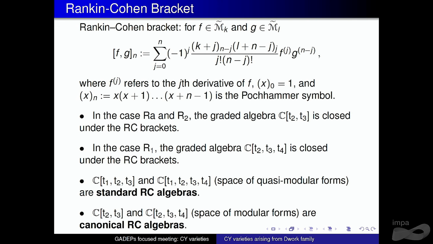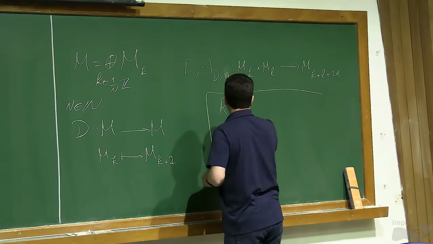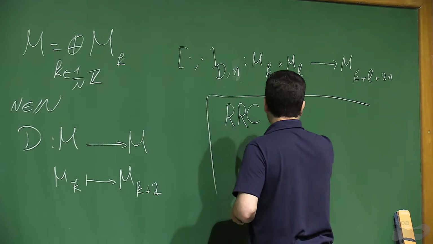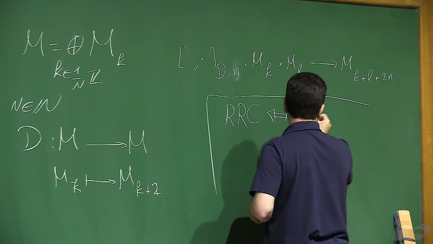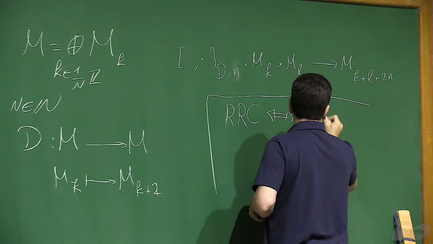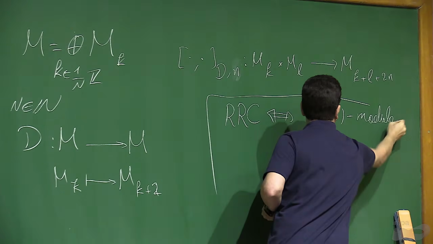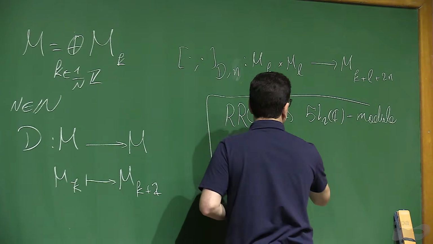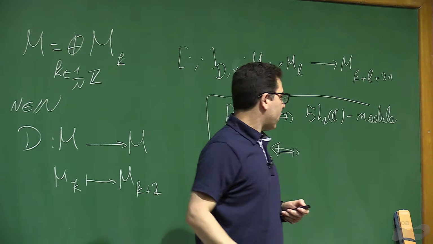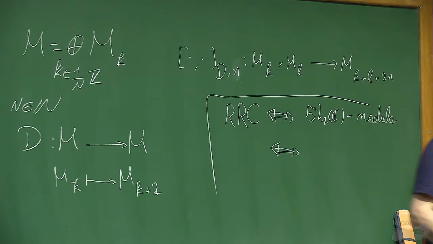So what we proved until now: having an RRC system is equivalent to having an SL2C module structure over our graded algebra.